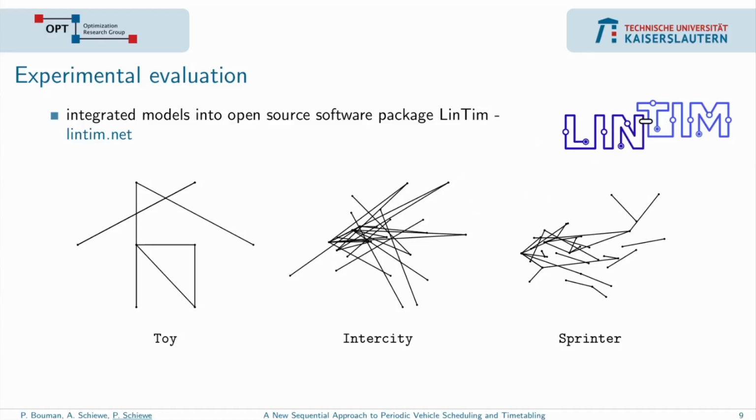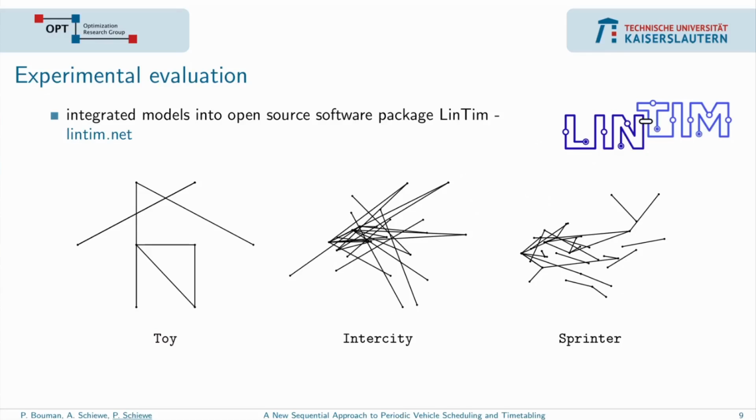We implemented the models presented here and integrated them into the open software package LinTim, which is developed in Kaiserslautern and is available at lintim.net. We tested our algorithms on 3 different data sets: one small toy data set and 2 data sets, Intercity and Sprinter, from the Intercity and Sprinter network of the Netherlands.